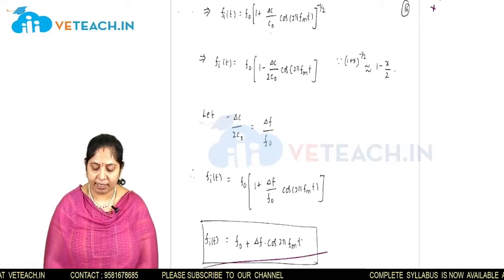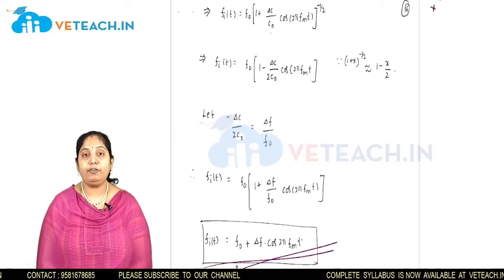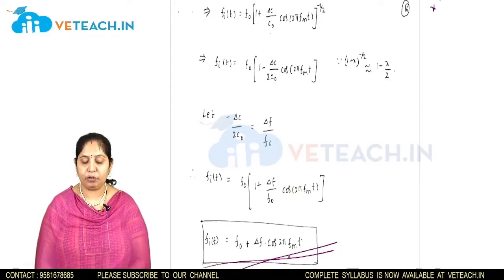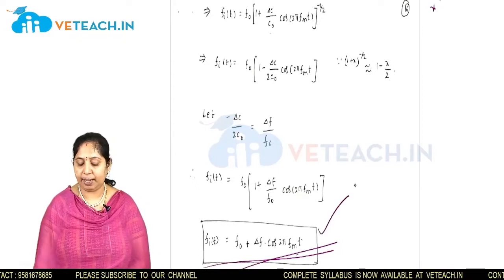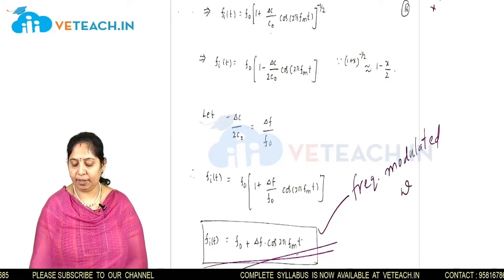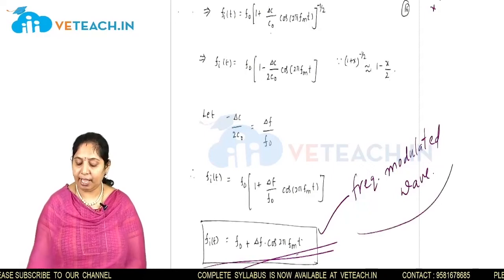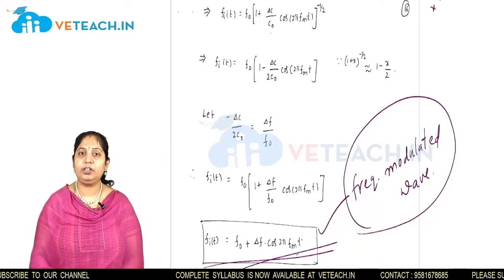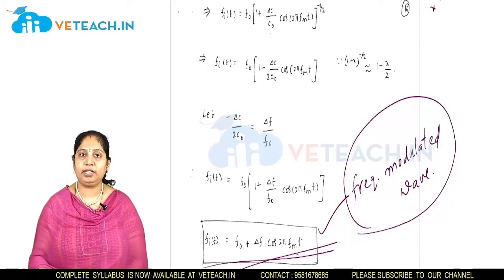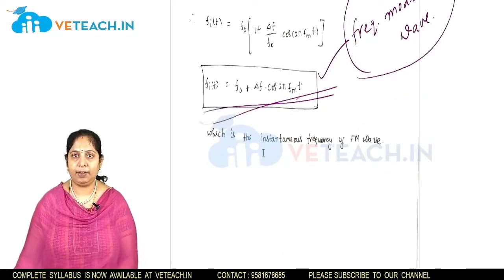Substituting, finally we get the frequency as Fi is equal to f naught plus delta f into cos 2 pi Fm t, which is nothing but a frequency modulated wave. Directly with the help of the oscillator itself we generate this frequency modulated wave, which is the instantaneous frequency of the FM wave.